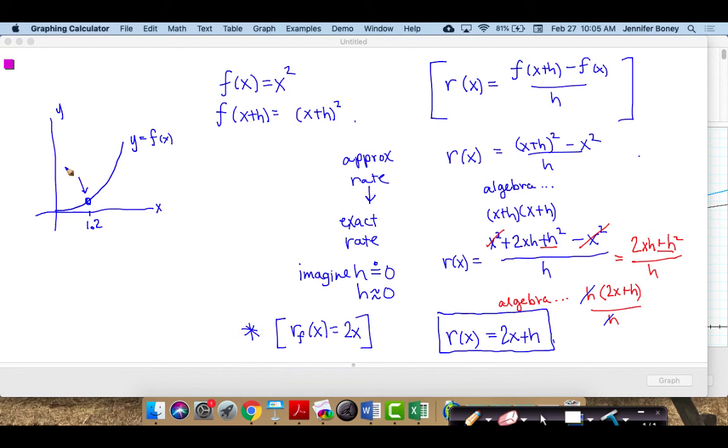This rate is about 2.4, meaning if I were going to draw a line with a slope of 2.4 that goes through this, it would seem to be the same steepness as my parabola here.